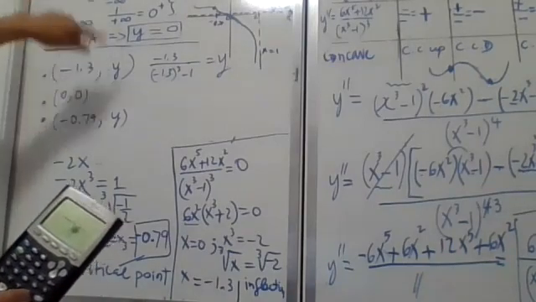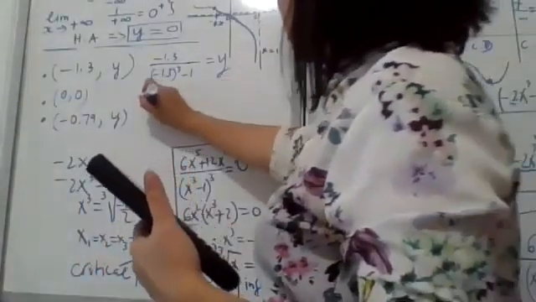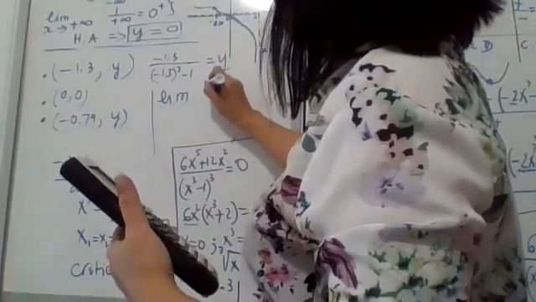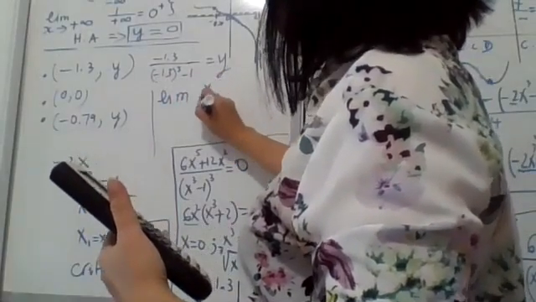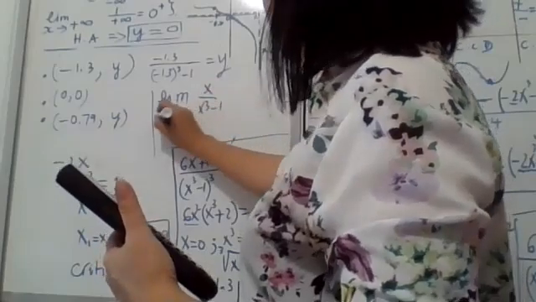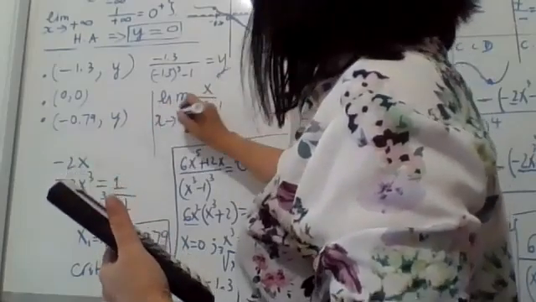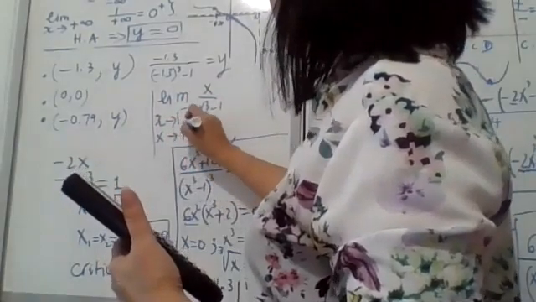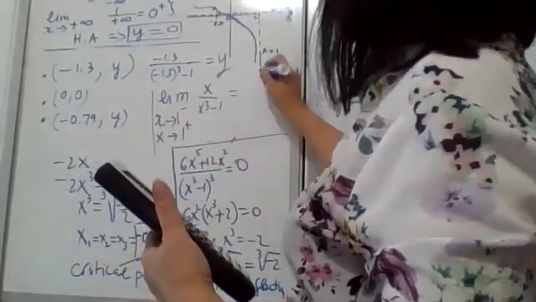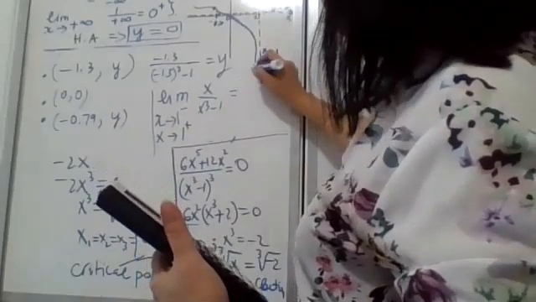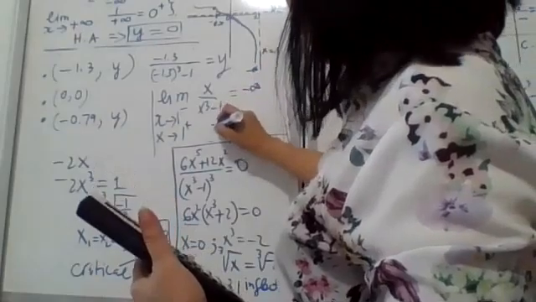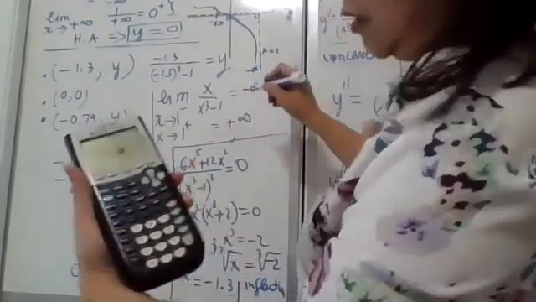It seems that we're missing that one, but you know what I mean, right? So we can analyze the limit of this function, x over x to the power 3 minus 1, when x approaches 1 from the left, and when x approaches 1 from the right. Then the limit on the left will be negative infinity, and on the right will be positive infinity.